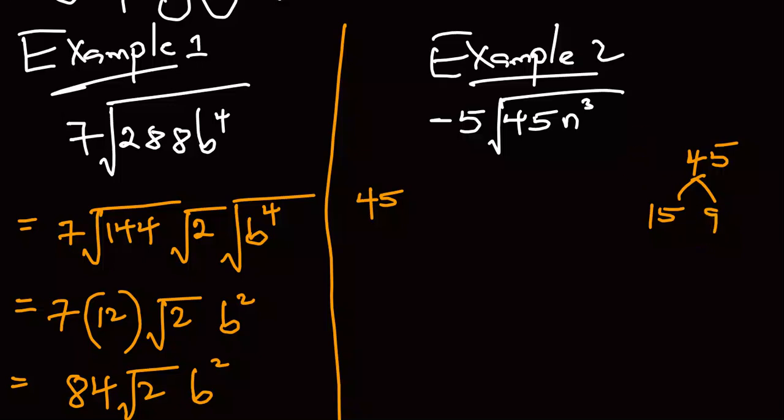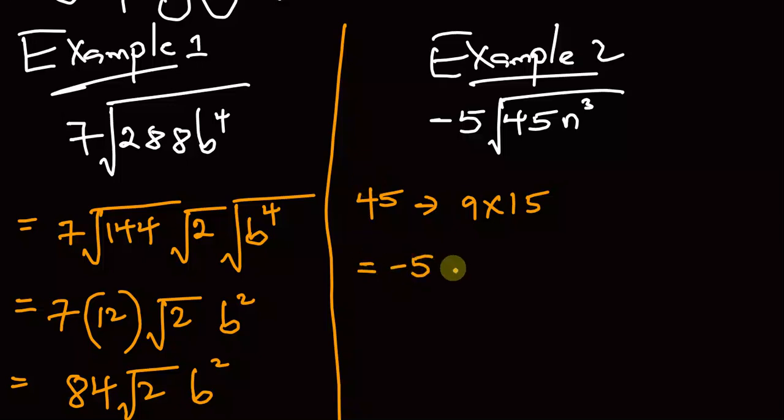So this is what we are going to use. So check on how I'm writing it. To get 45, it is a 9 times 15. I put it back there. It's going to be negative 5 root of 9, then times root over 15.